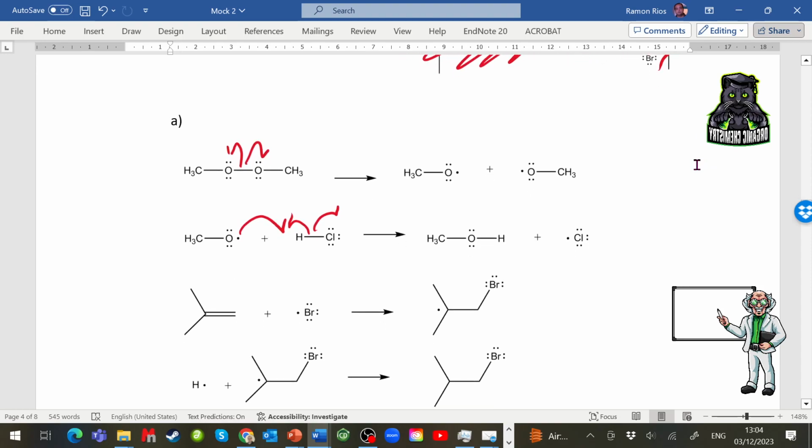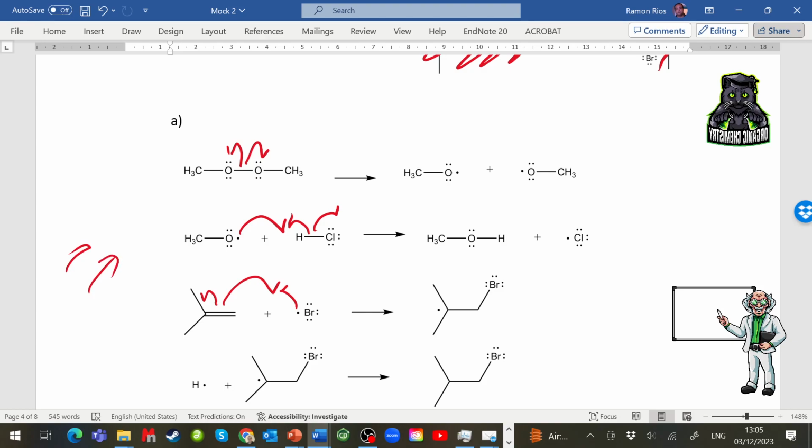Here we have a similar reaction. Again, the double bond is reacting with the radical of the bromine, obtaining the most stable radical, which will always be the most substituted radical. The important thing that you have to check is that all the arrows that I draw are only half arrows, not full arrows.